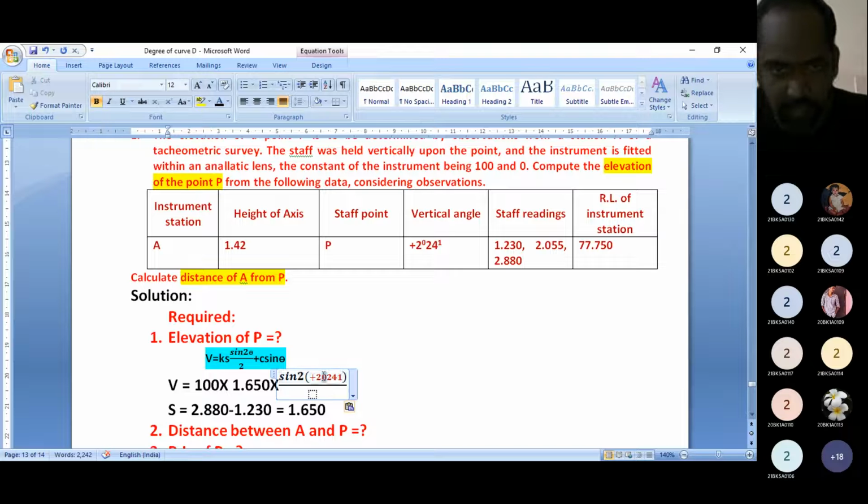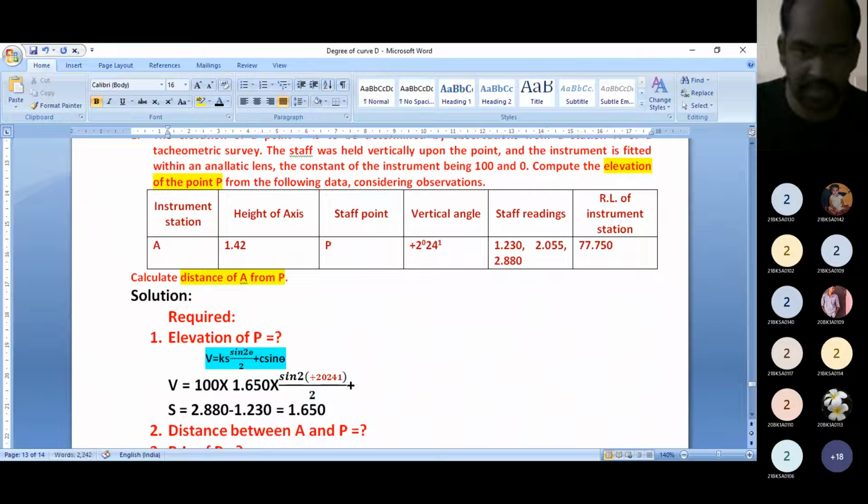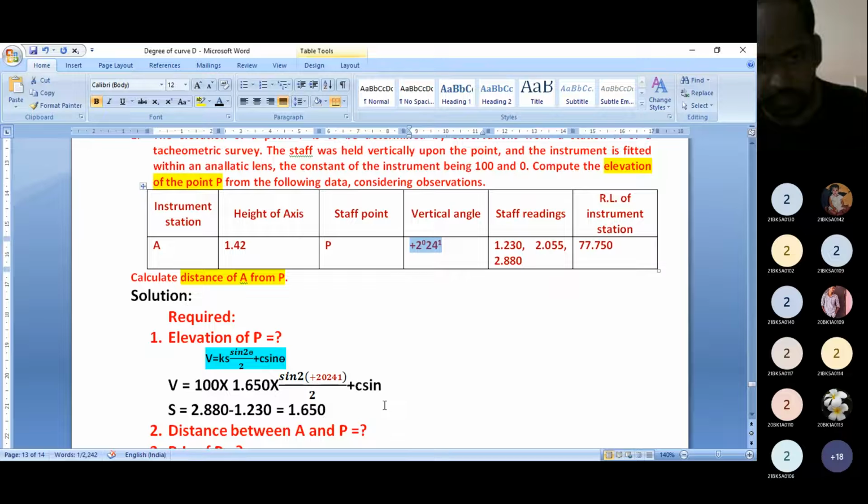In MS Word the degrees and minutes may not come here, so you can take it as 2 degrees 24 minutes. Divided by 2, plus C sine theta. C equal to 0, so 0 into sine 2 degrees 24 minutes.